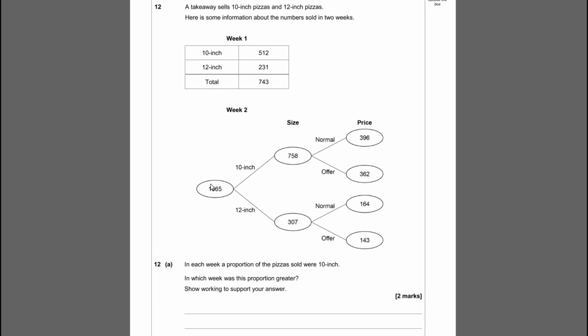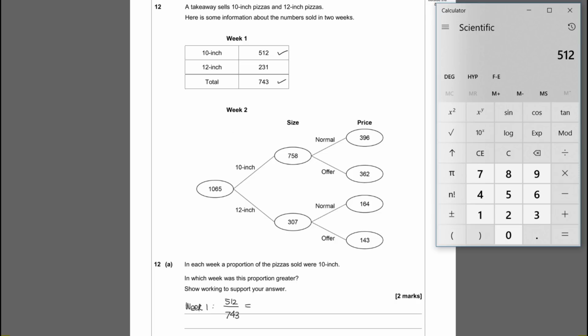Let's check first the proportion of 10-inch pizzas sold in the first week. It is 512 out of 743. So the proportion for week 1 is 512 divided by 743. It's 0.689. I'll say 0.69 then.